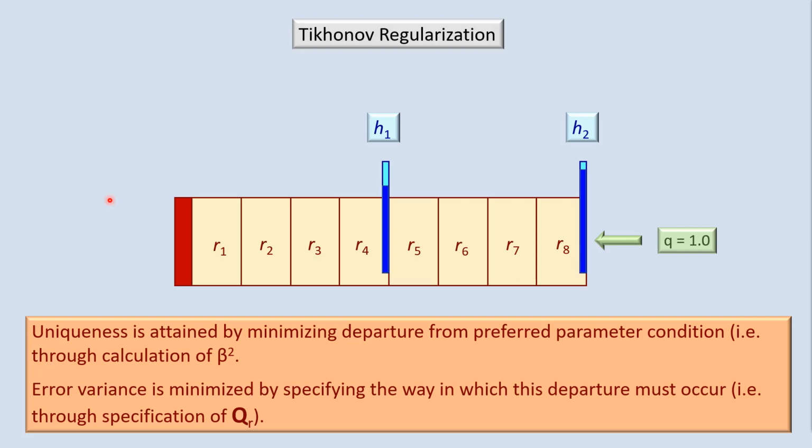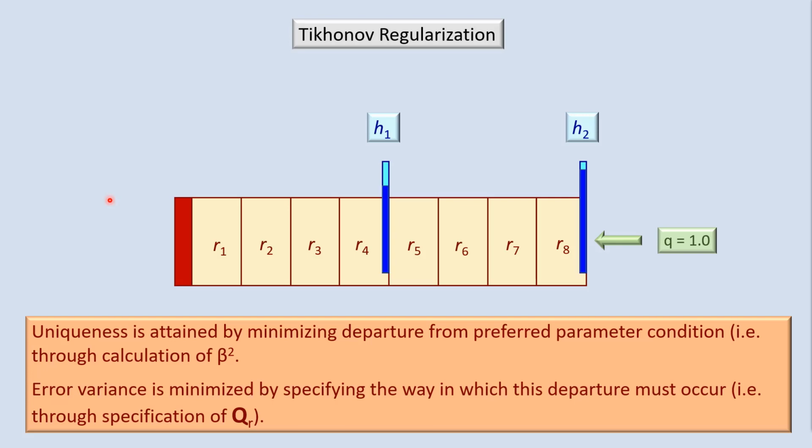And by insisting that we depart from what we like to the minimum extent required to fit the calibration data set, we have obtained uniqueness in a way that is pleasing, a way that is minimum error variance.